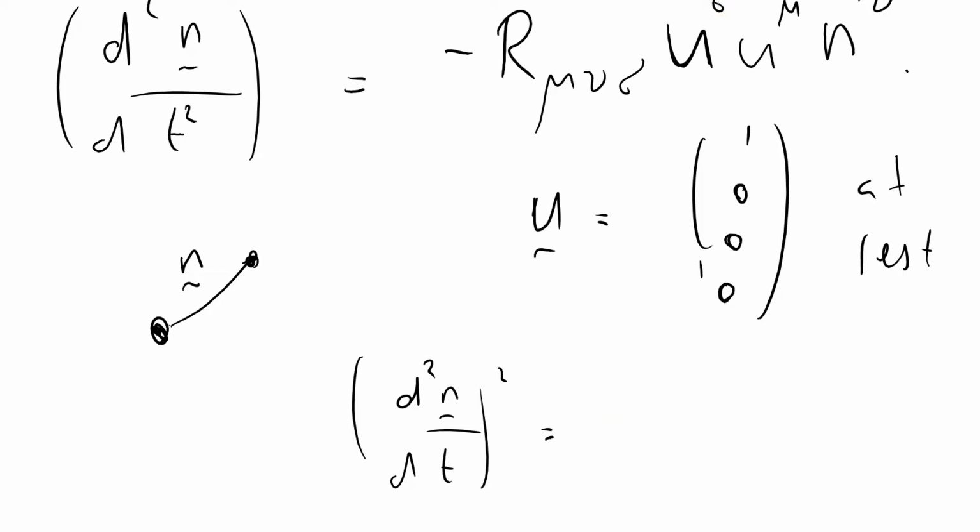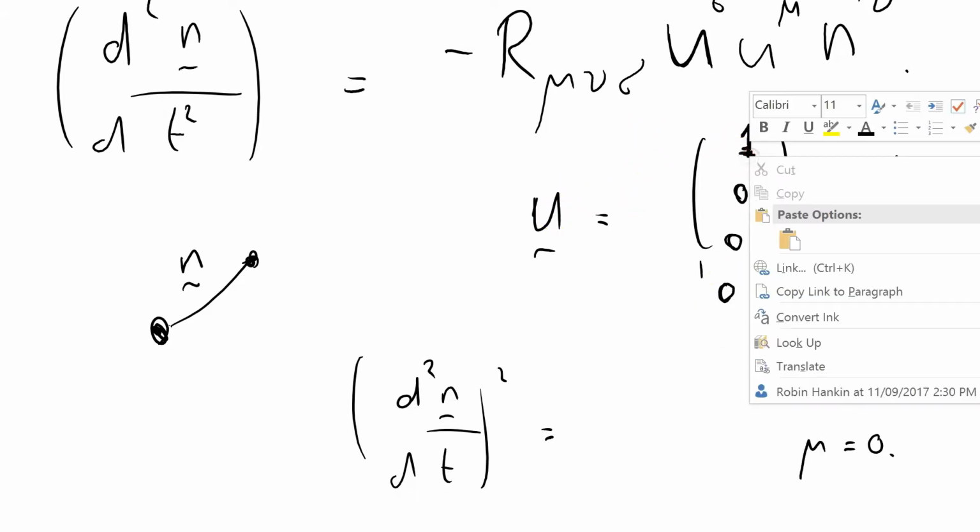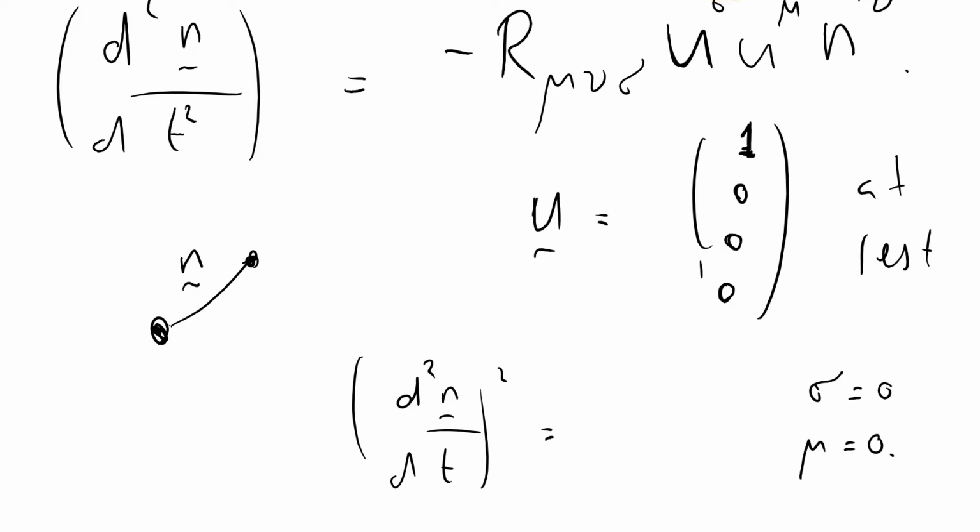I may as well specify here that sigma must be equal to 0, and mu has got to be equal to 0, because it's only the time component of the 4-velocity that's non-zero, which is a 1. So in this summation I can ignore a sigma that's not equal to 0, and I can ignore a mu that's not equal to 0.